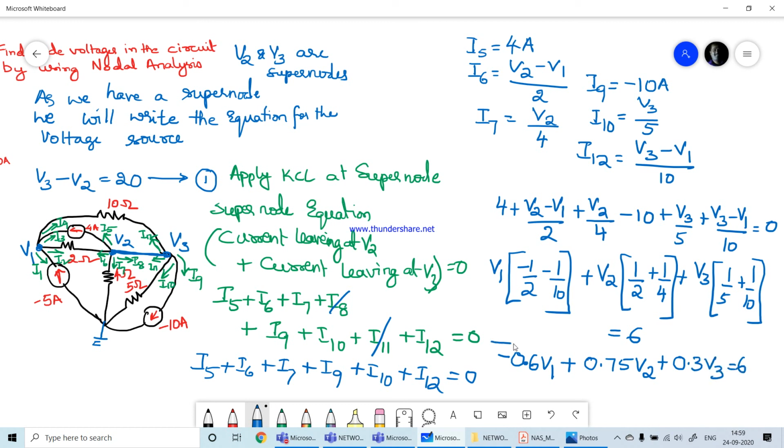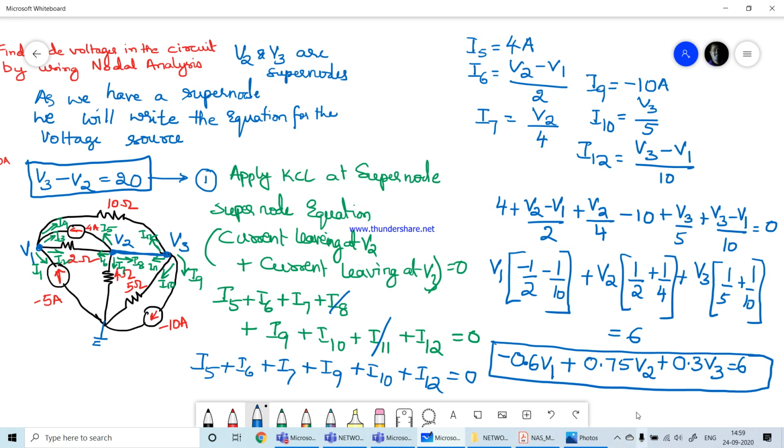So this is the final equation that we get for the super node. This was the first equation we wrote for the voltage source, and this is the second equation which we got for the super node.